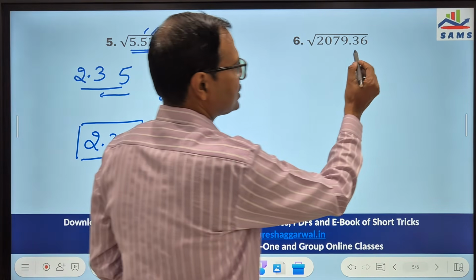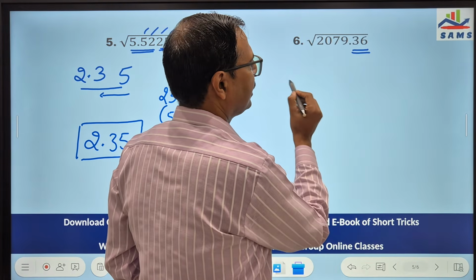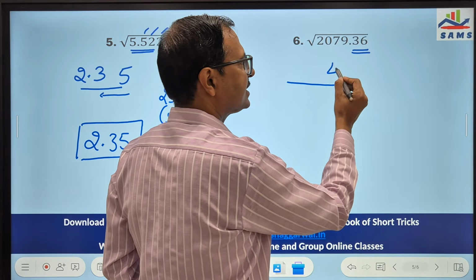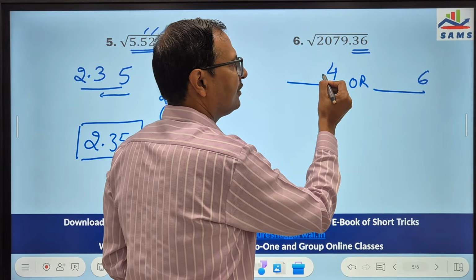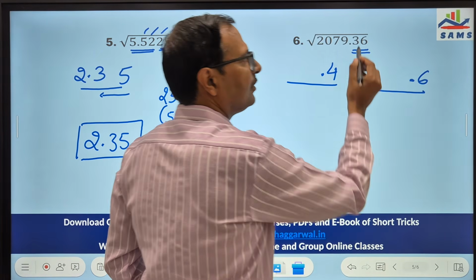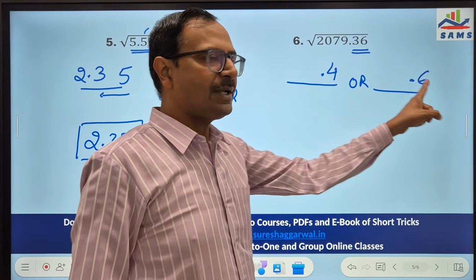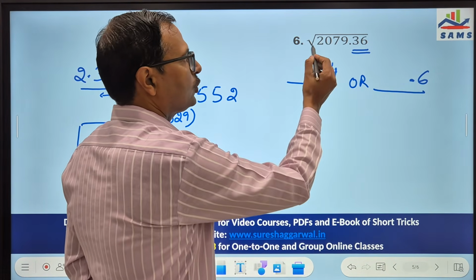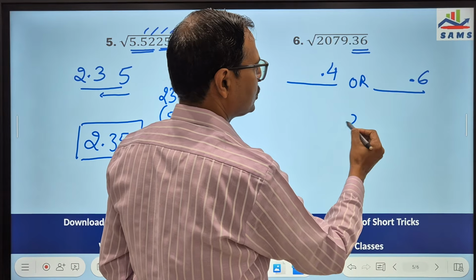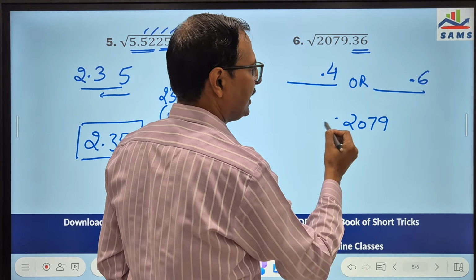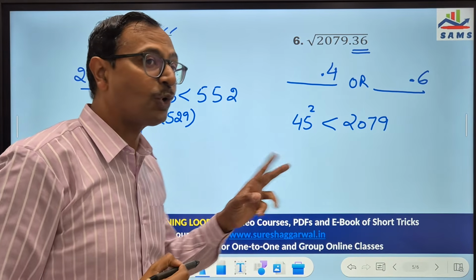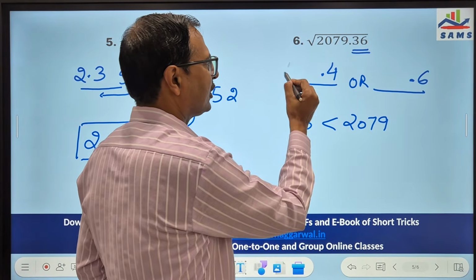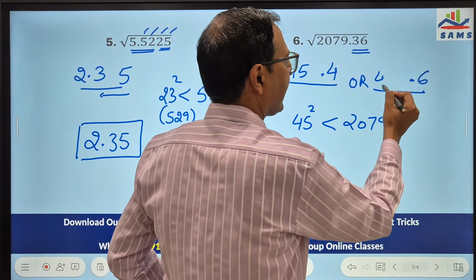suppose you have this question, 2 digits after decimal, ending in 6. So my answer ends in 4 or my answer ends in 6, and we will have a decimal here because 2 digits after decimal means 1 digit in the answer. Now 2079 is very close to 45 square, because 45 square is 2025, and so 45 forms the remaining part.